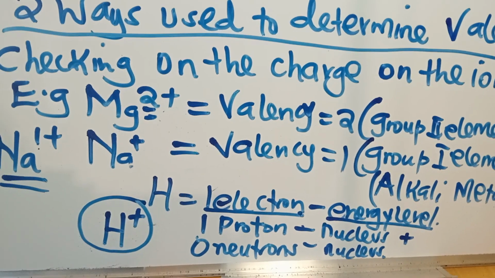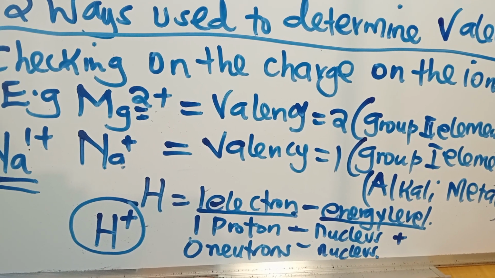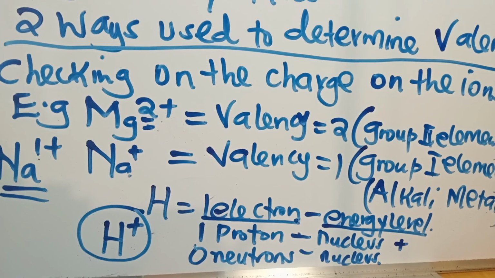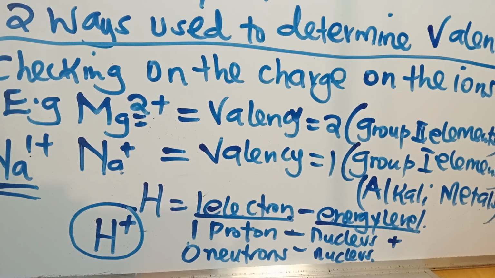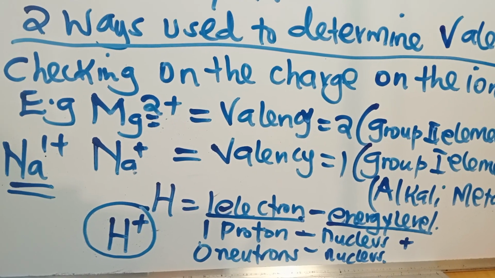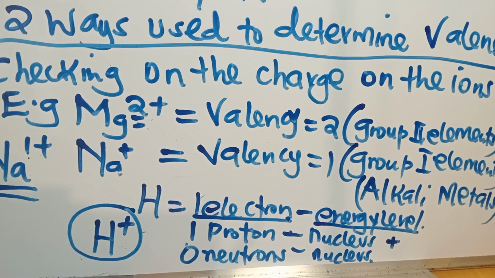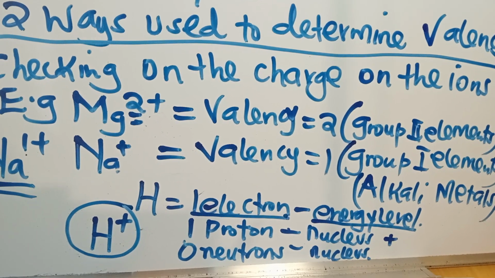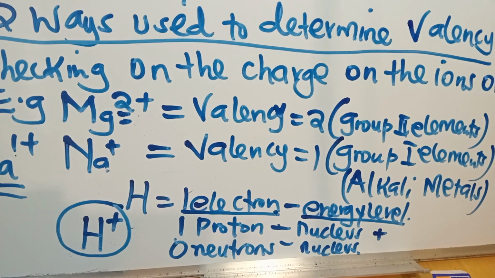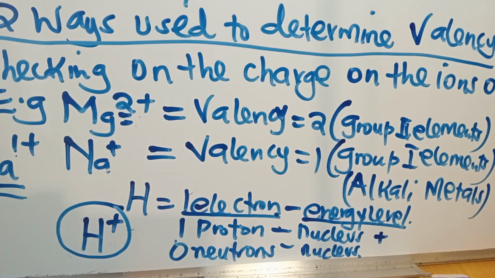When it gains, it behaves like a halogen. Halogens are group 7 elements. Group 7 elements like chlorine can only gain one electron so as to become stable. So you see also for hydrogen, it can only gain one. It cannot gain more than one. Why? Because it has only one energy level, and the first energy level can only have a maximum of 2.